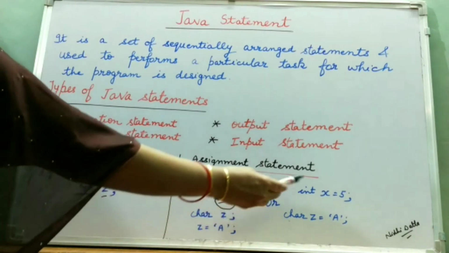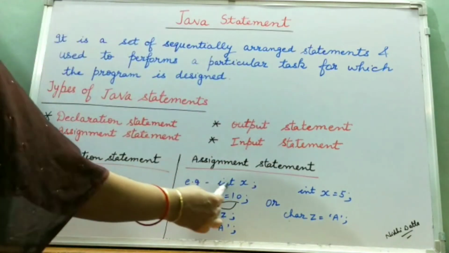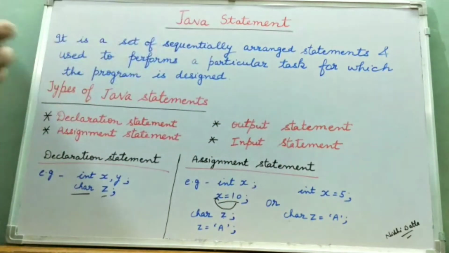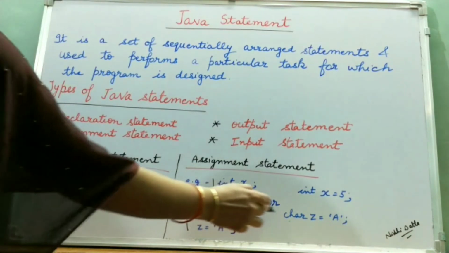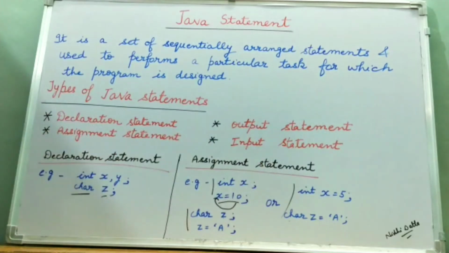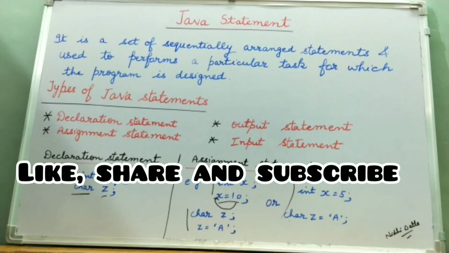Otherwise we can write like this: int x is equal to 5, or char z is equal to 'a' within single quotes. We can write in this way also, and in the other method also. Both methods are correct. You can declare and assign the value using both methods. So that covers the declaration statement and the assignment statement.